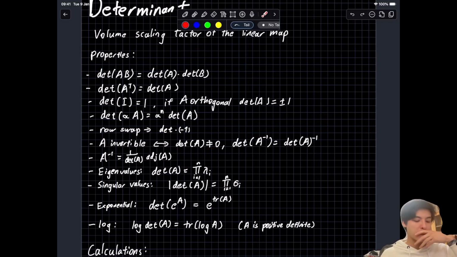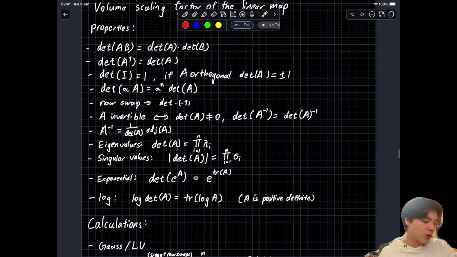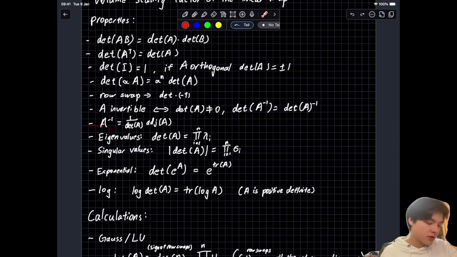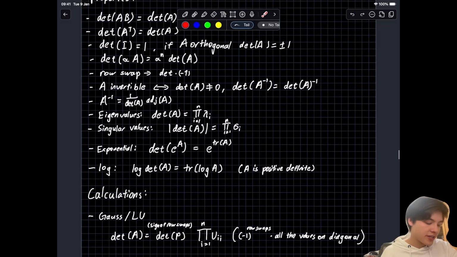And yeah, the determinant of the inverse of A is the determinant of A to the power of minus 1, and the inverse of A is 1 over the determinant of A times the adjugate of A, which we already saw.